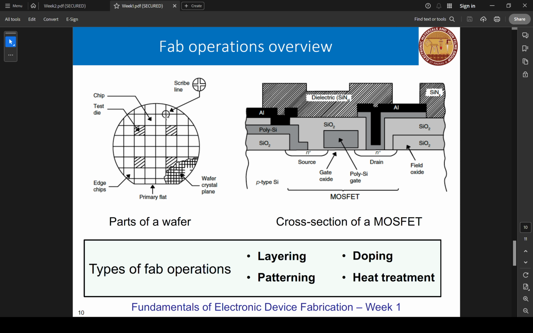It's not like a continuous array while fabricating the transistors. They can control the pattern and leave some space. They can control everything in this, right?